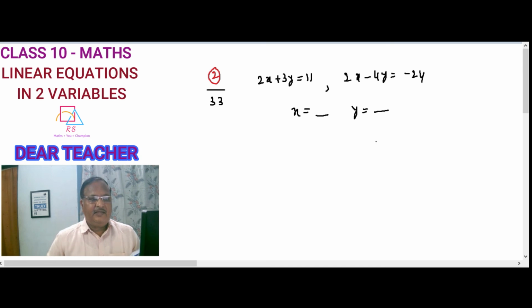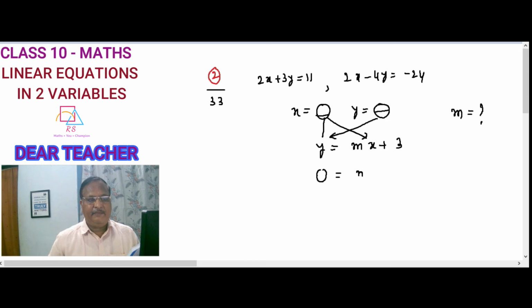Then you substitute these values in this equation, because he asked to find the value of m such that y is equal to mx plus 3. You substitute x here and y here, and you will get m into something plus 3. It is a simple equation and you can find m. This is how you have to do it by yourself.